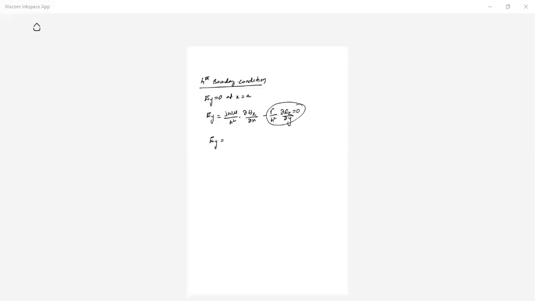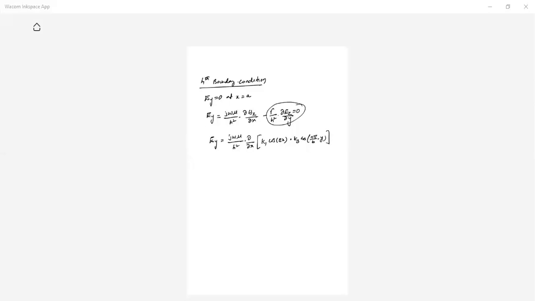So Ey is equal to j omega mu by h square dou by dou x of Hz. What is our Hz now? Hz is k1 cos bx into k3 cos n pi by b into y.